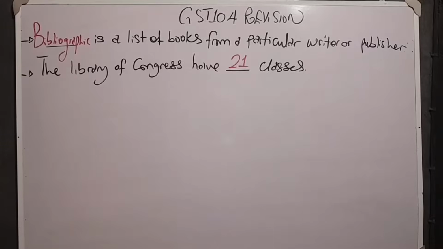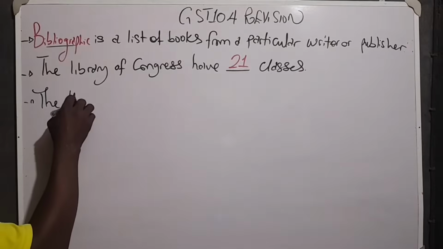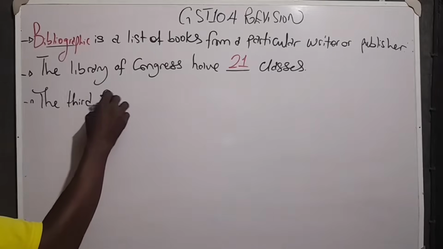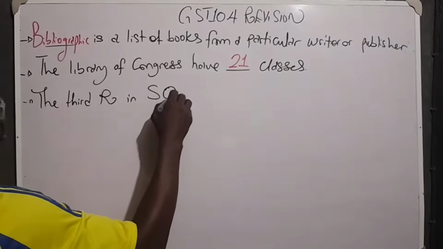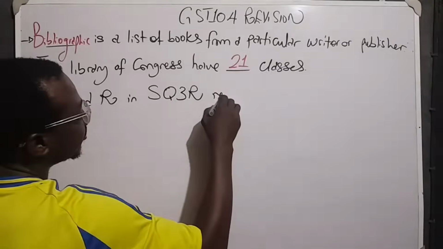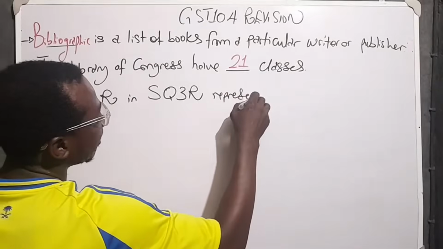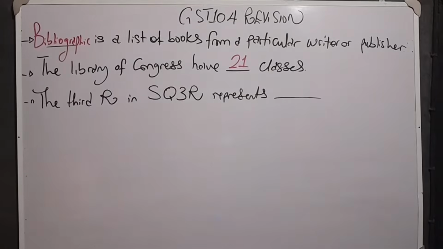Now, the third R in SQ3R represents dash. The third R in SQ3R represents dash.